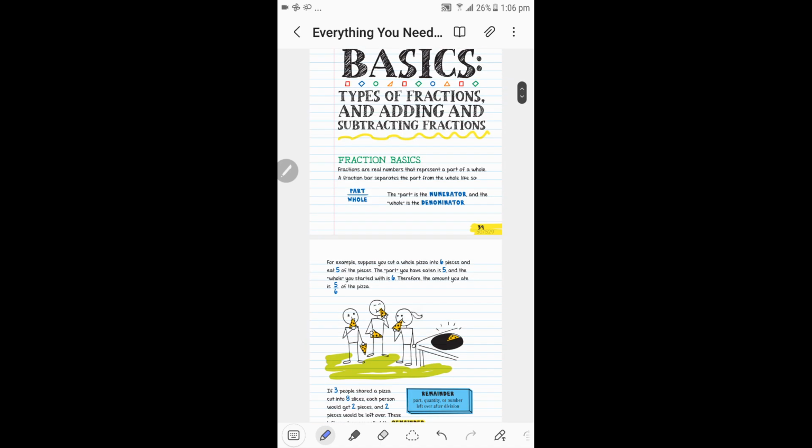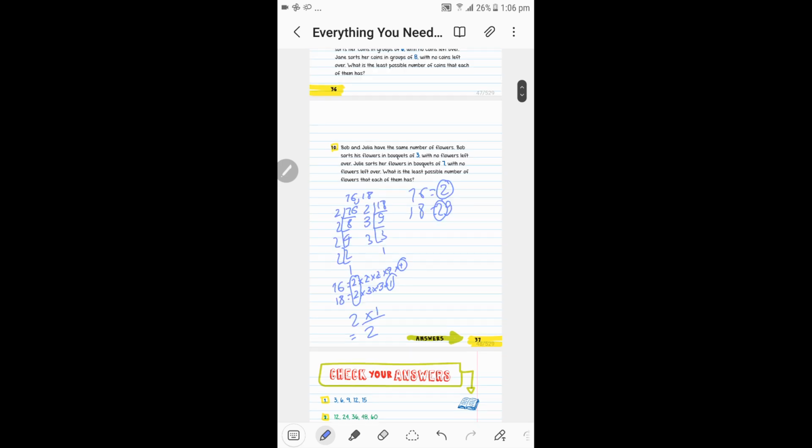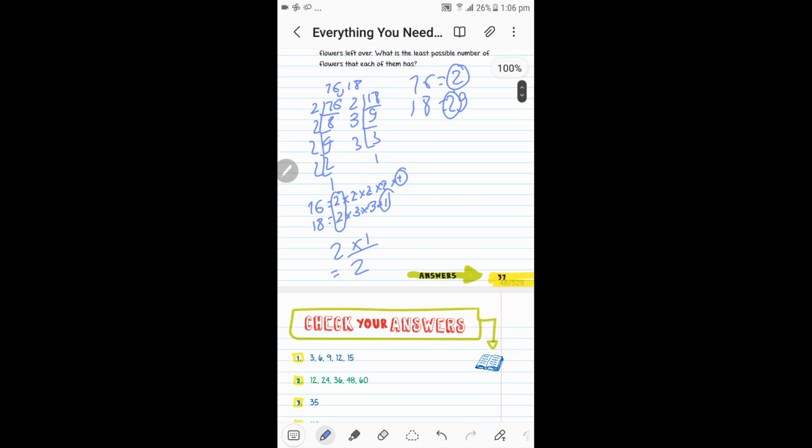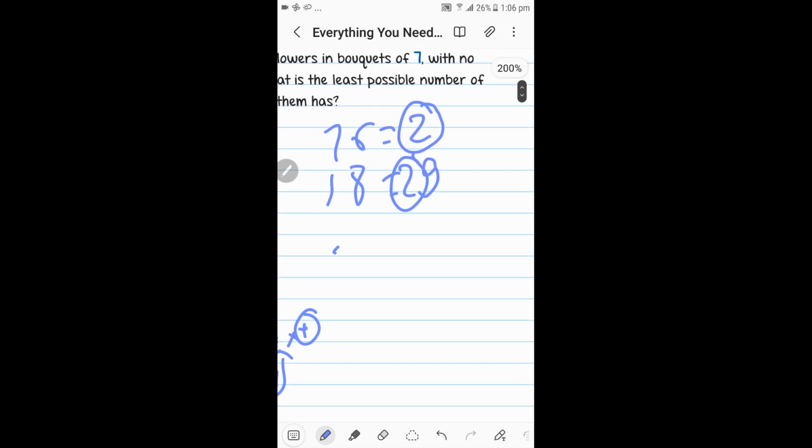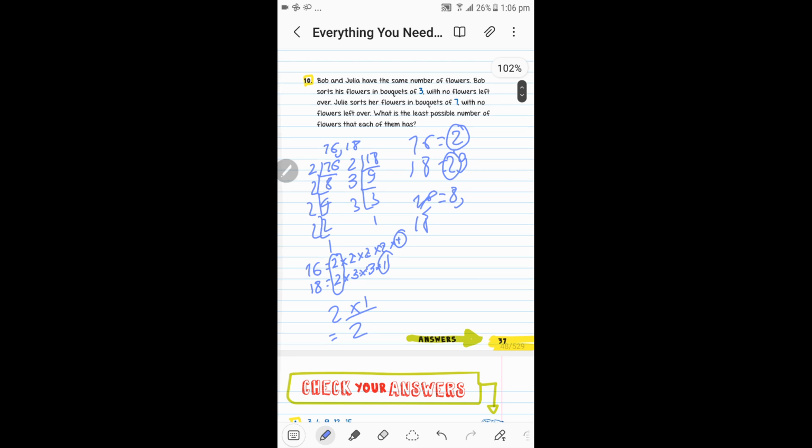Highest common factor means the biggest. Is 2 the biggest among 16 and 18? Is there nothing else that matches? For 16, the factors are 2, 4, 8 and 16.